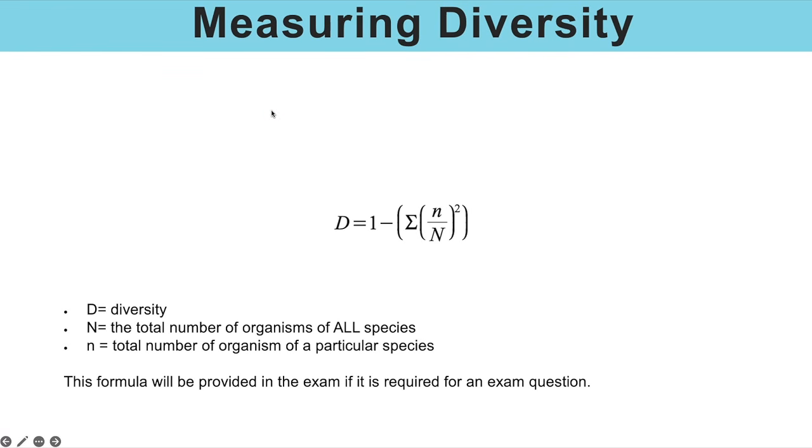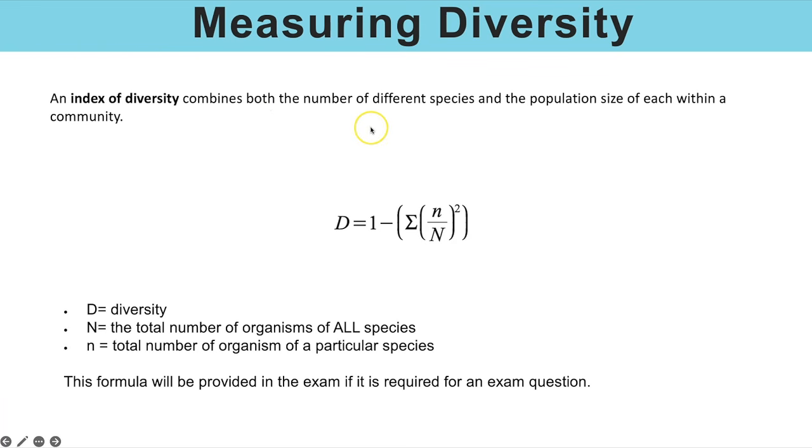Now, another way to measure diversity is using the index of diversity. And this combines both the number of different species and the population size of each within a community. And it uses this formula here, where D is the diversity, capital N is the total number of organisms of all species, and lowercase n is the total number of organisms of one particular species.